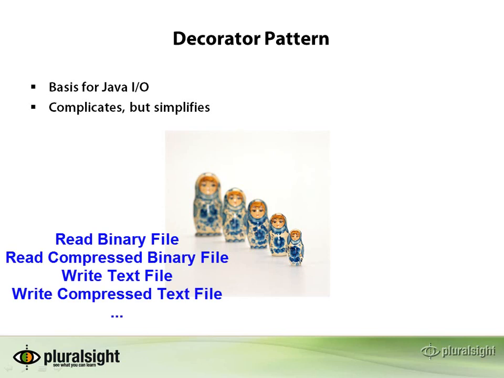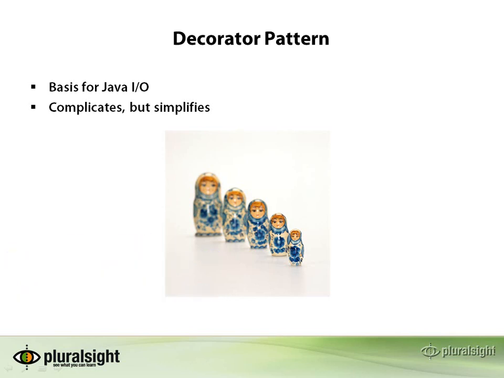A good example is that you can have a stream in Java that can zip or compress data that is going to be written to a file, or uncompress it when it's read out. And you could have a stream that writes bytes, or one that writes characters. If you didn't have the ability to wrap the stream that compresses over the stream that writes characters or bytes, you'd need a compression stream that writes characters, a compression stream that writes bytes, and all the different variations.